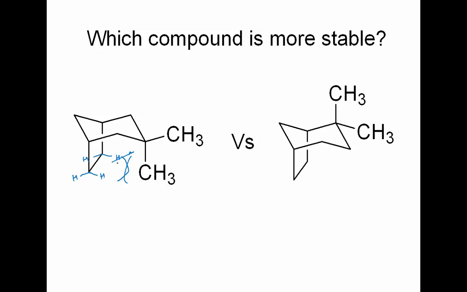Okay, so our 1,3 diaxial interactions here are with CH2 groups. Here, our 1,3 diaxial interactions involving the methyl group are only with hydrogens.